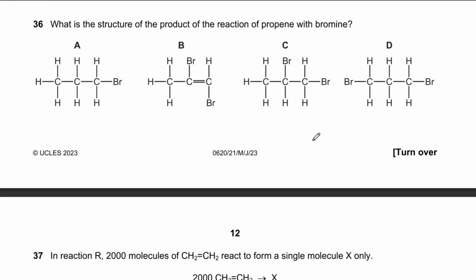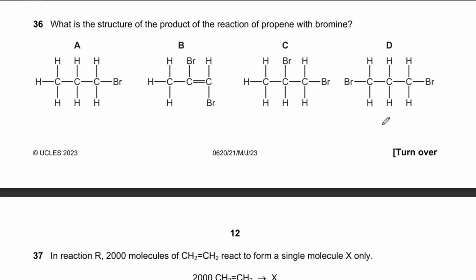Please take note of that, okay? Because the answer can be C or D, but the correct answer is actually C. And the reason is because bromine are added to the two carbons that have the double bond. So this C is showing us that the double bond was on these two carbons. Then when it breaks apart, the two bromine are added to the two carbons with the double bond.